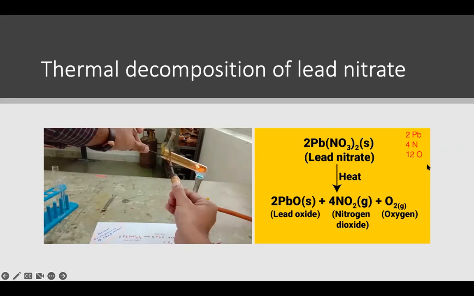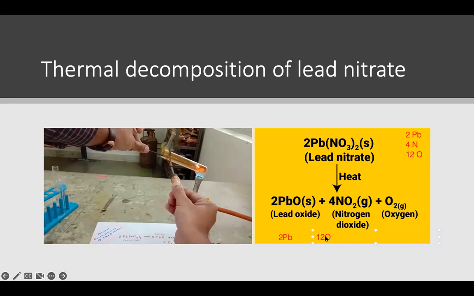Okay, check that it is there in the output, right? How many lead here? You have 2 lead elements, right? How many oxygen elements? Can you count? Here you have 2. Here 2 into 4 is 8. 10 plus 2 is 12, right?